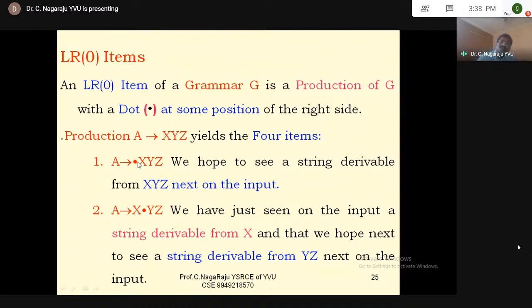So what is the meaning when the dot is in this position? We hope to see a string derivable from XYZ next on the input. That means we have not yet seen the XYZ productions and values. Or suppose A goes to X dot YZ, that means I have seen all the productions of X, but I did not see the Y and Z productions.